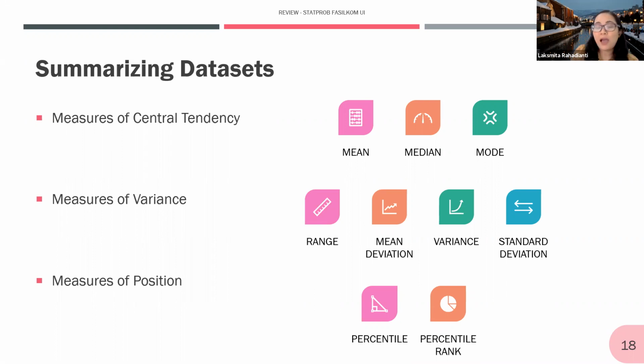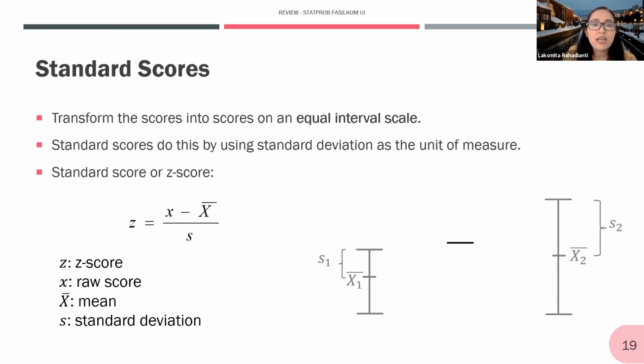When I'm talking about height, like the 165 I just mentioned, in order for me to fairly compare different data points, if I have two different distributions, one with a mean of x1 and the other with a mean of x2, I have to compare them on an even playing field. So I would need to transform them. For example, here we have a data point here and a data point there.